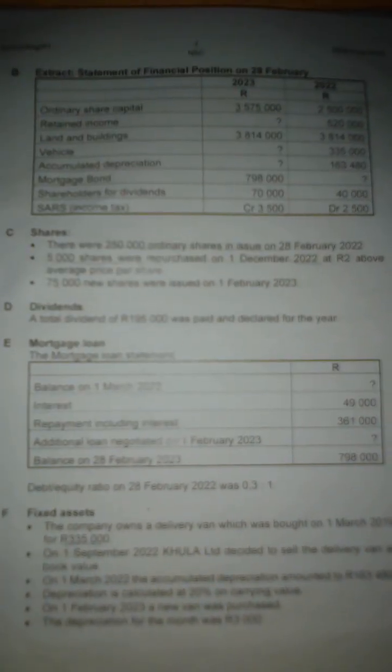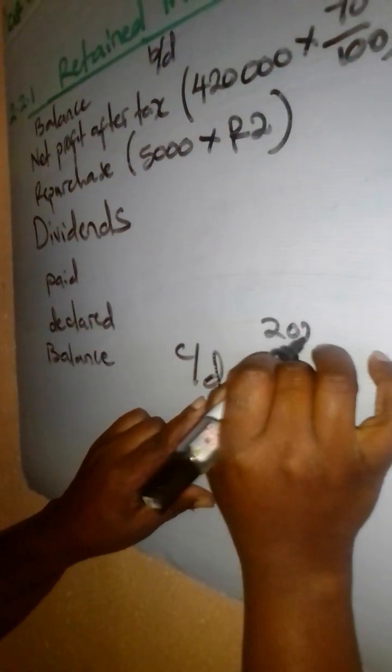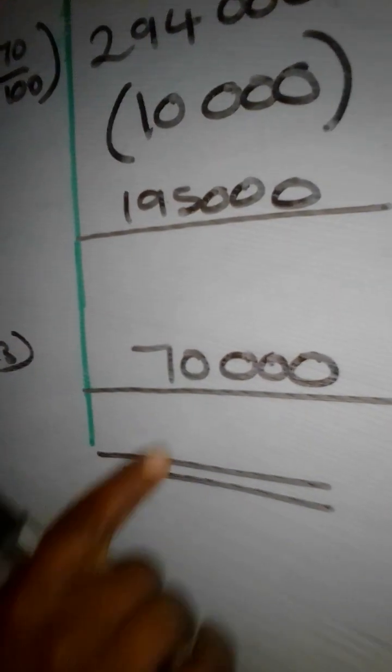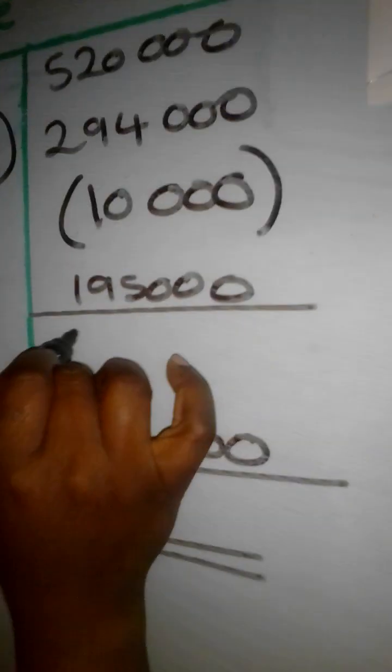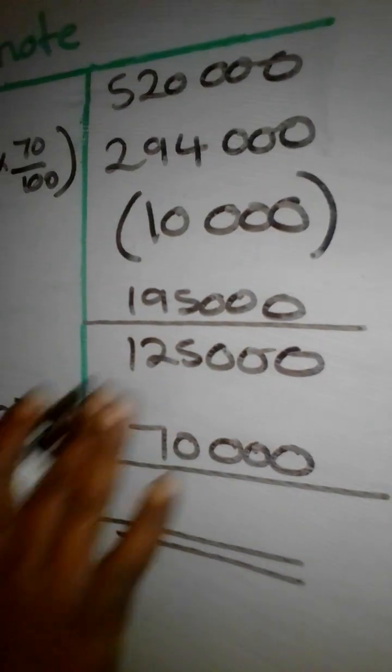So our declared dividend is the amount that is given at the end of 2023, 70,000. We are going to indicate 70,000 here. So it's easy now for us also to calculate the paid dividend. We're simply going to say 195,000 minus 70,000. We are going to remain with 125,000, which is our paid dividend.